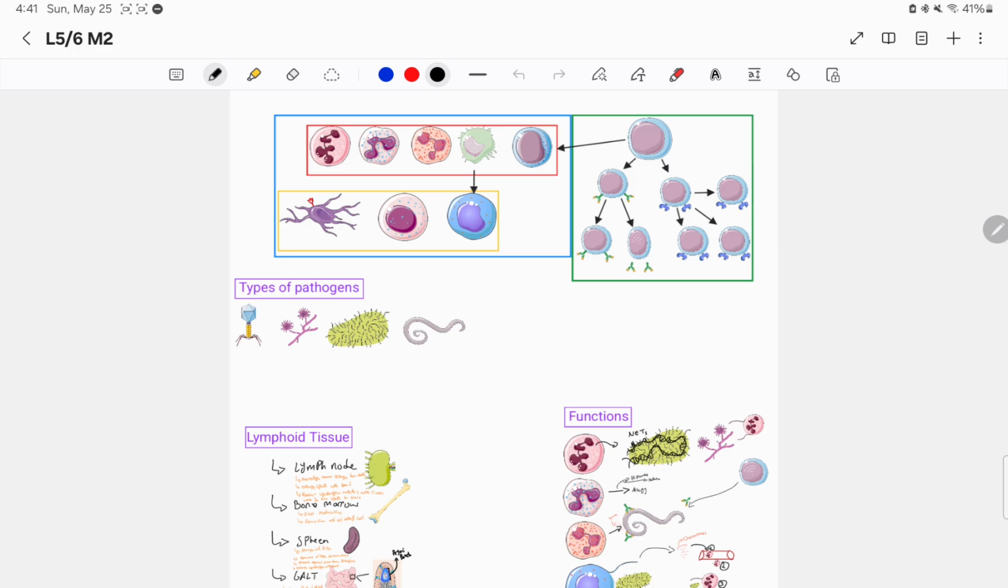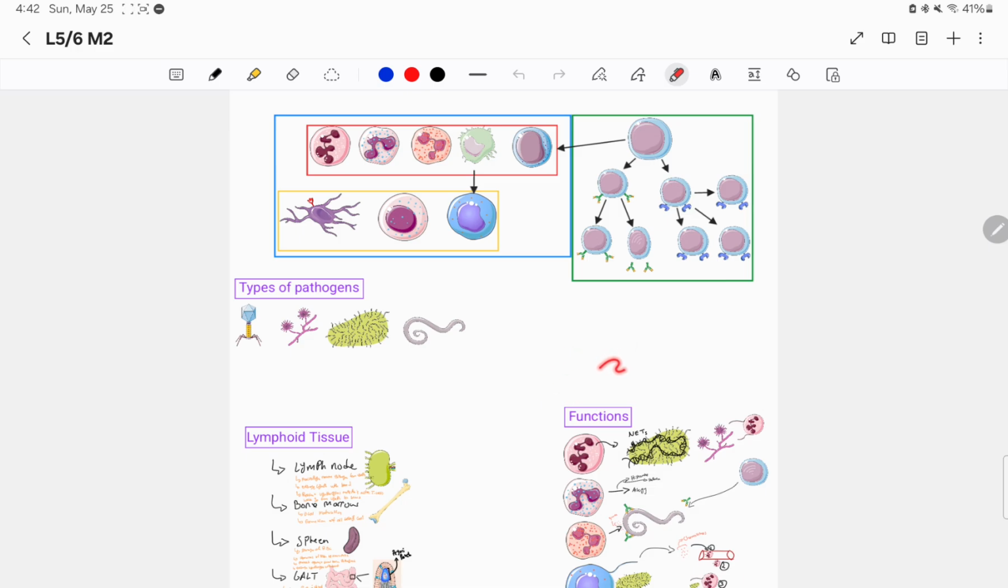Now, let's talk about the actual function. So the immune system likes to recognize and destroy, or neutralize, any material within the body that is foreign. So anything that is not mine, the immune system will destroy. Okay, that's basically the skinny on it. Now, this means that it'll start to defend you against any invading pathogen, and we'll talk about what pathogens are. It can remove any worn out or damaged cells or tissues.